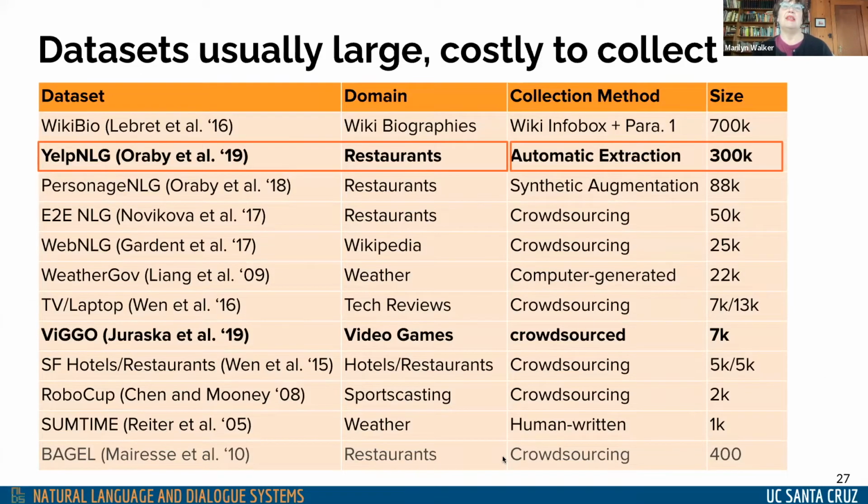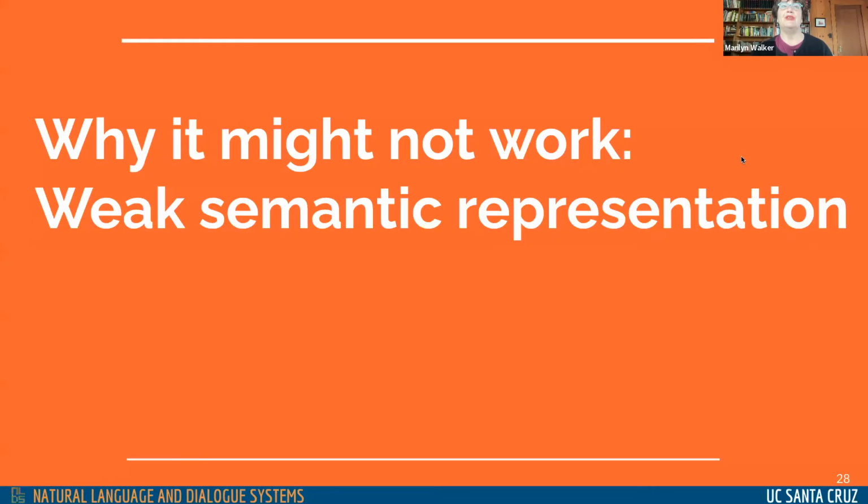So as I mentioned, data sets are usually large and costly to collect. And when we generated this database in 2019, it was the largest next to Wikibio. And therefore, as I said, we did direct training with this. We didn't use any pre-tuned language model. I just want to stop for a second: this might all seem really straightforward, but there were many reasons why we thought it might not work.